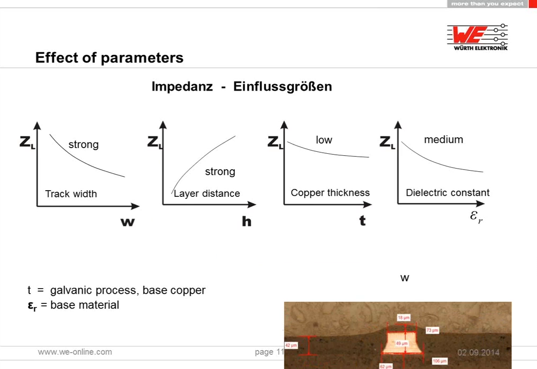Regarding the cross-sectional picture here, we can see the values again, and the track width and the layer distance have a very strong impact on the impedance value, and we can use this in the layout, in the design, to match the impedance requirements.